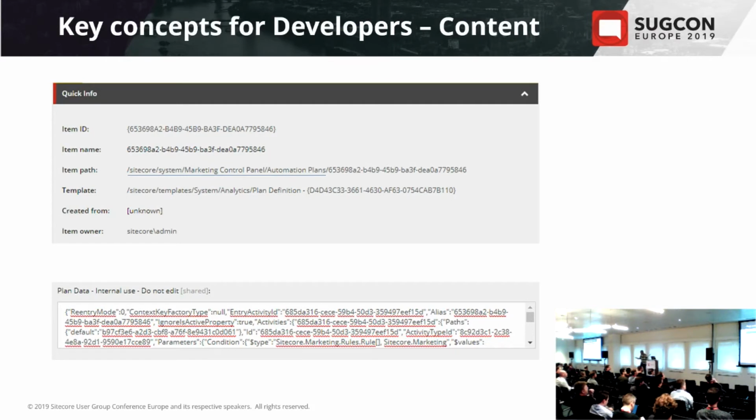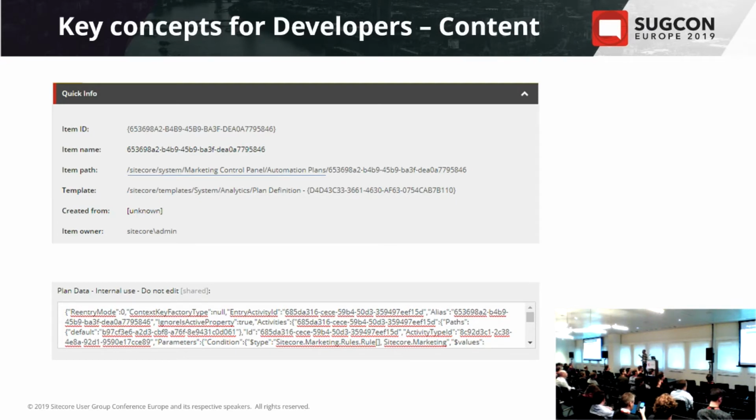Now, when you save the campaigns that we saw, they get pushed into the master database. They get pushed into a bucket. And so for just digging in and grabbing this screenshot, I just unbucketed it. That's as simple as it was. And what you've got is the plan data. This is the JSON that represents what we saw in that flowchart.